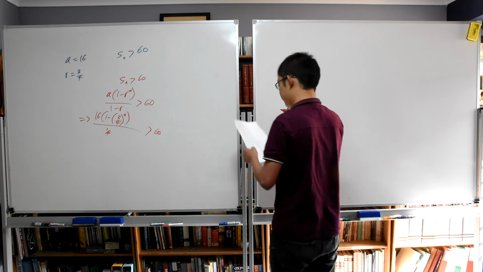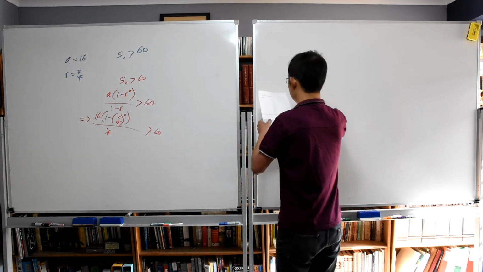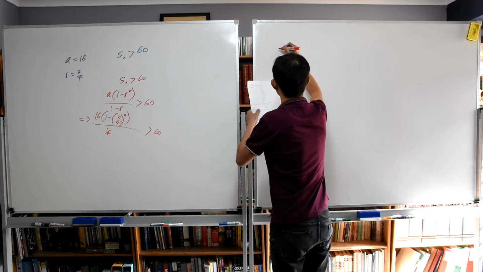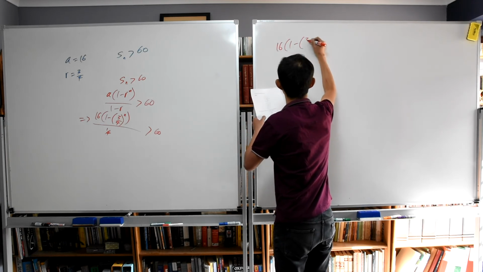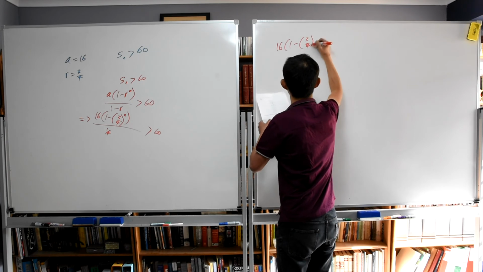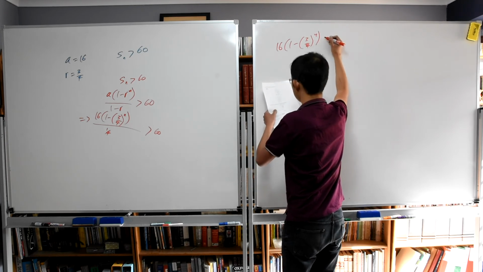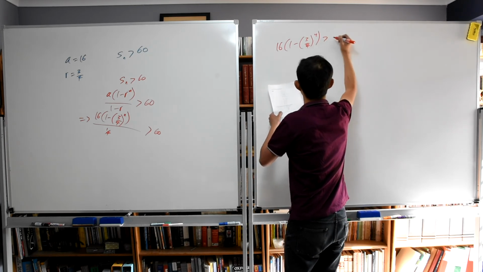We're going to get 16(1 minus (3/4)^n) is greater than 15.